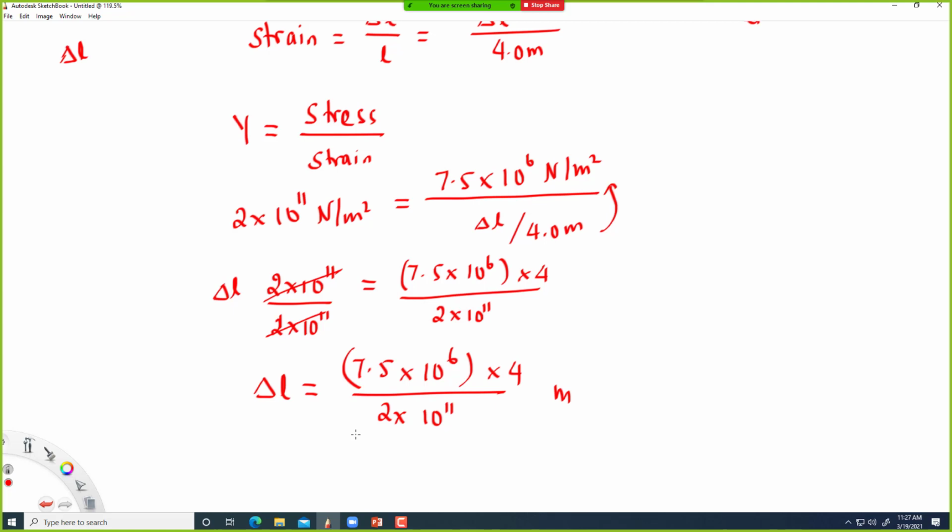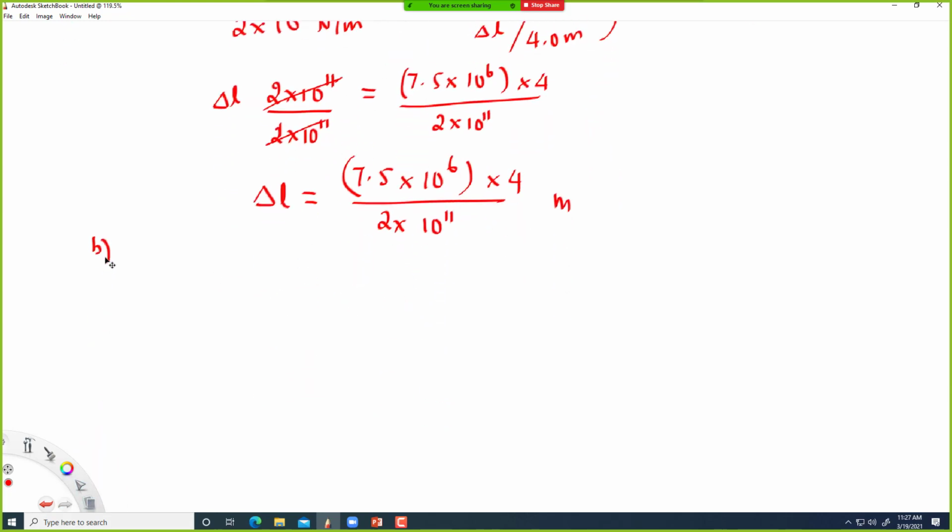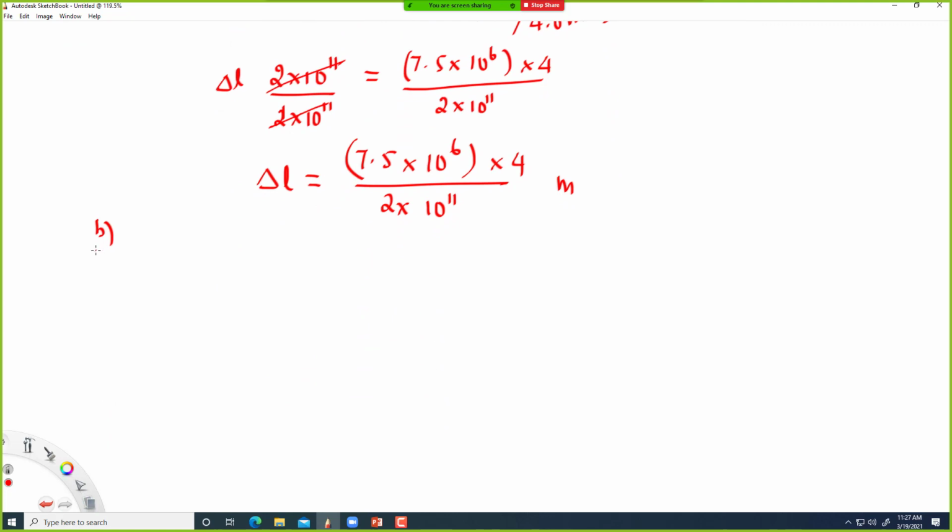And then part B: what is the maximum load in Newton the steel beam could support before failing? Okay, before failing means we are talking about tensile strength. Tensile strength is the ultimate strength of the material. So we can write tensile strength is equal to the maximum force it can withstand over area.